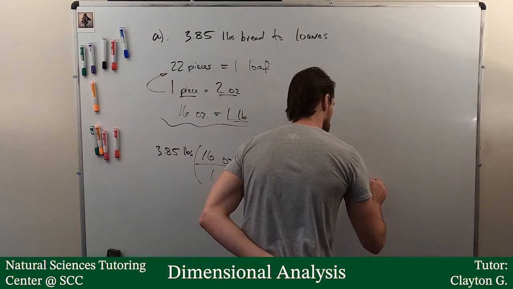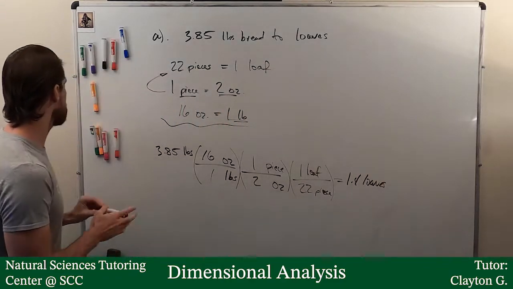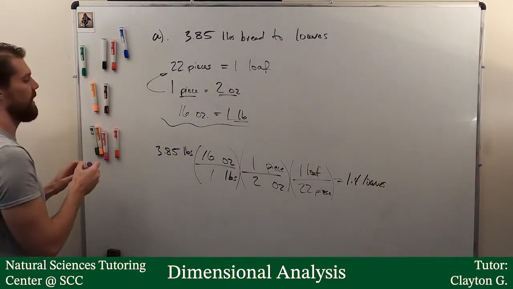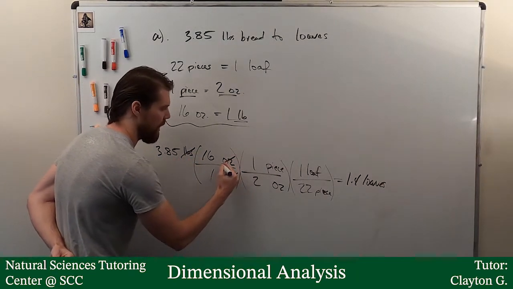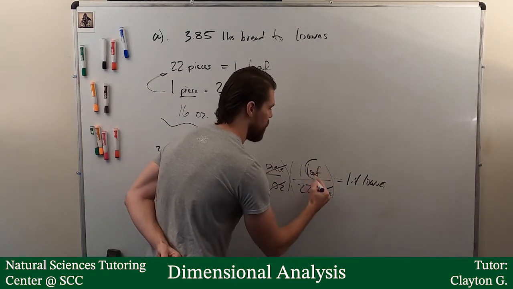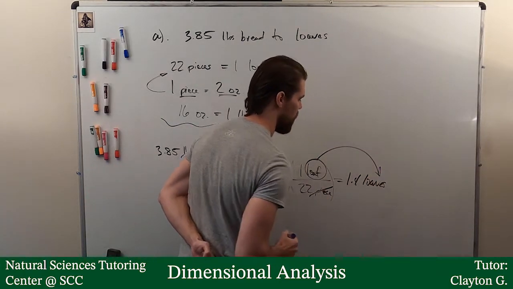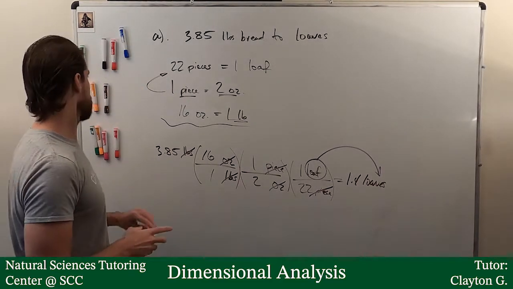So 1.4 loaves. And let's just make sure that we have, in fact, canceled our units correctly. Pounds divided by pounds, ounces divided by ounces, pieces divided by pieces. We are left with a loaf of bread. All right, so that is letter A.